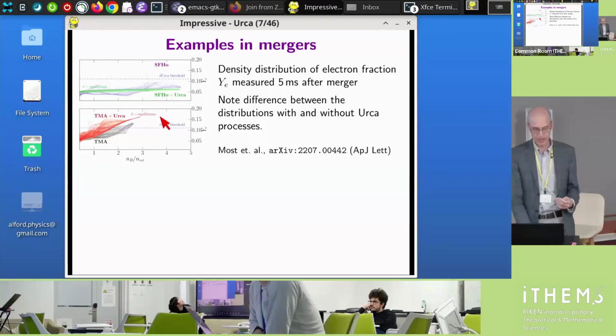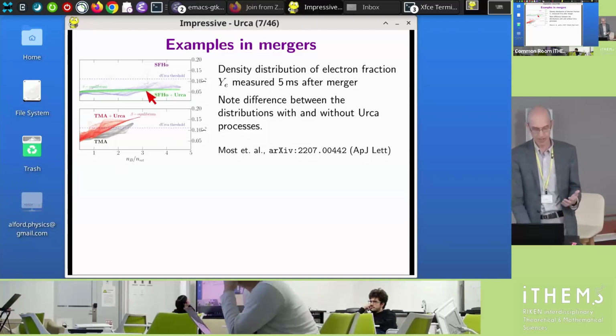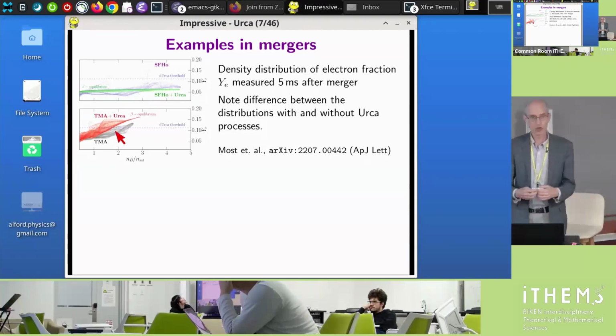The point is the gray dots are the fluid elements without putting in Urca processes, and the green dots here are the fluid elements with Urca processes. And the point is just that the distributions look quite different. Same here with a different equation of state. So your fluid elements will look quite different in terms of their electron fraction as a function of density if you include Urca processes versus if you leave them out.